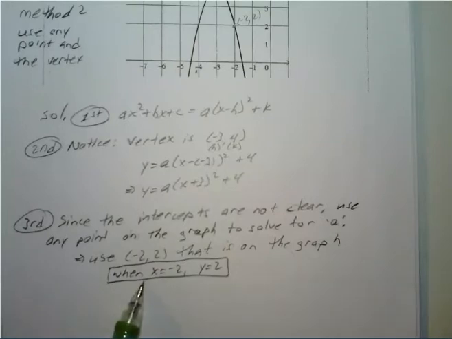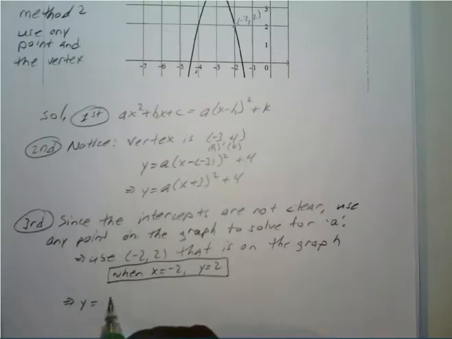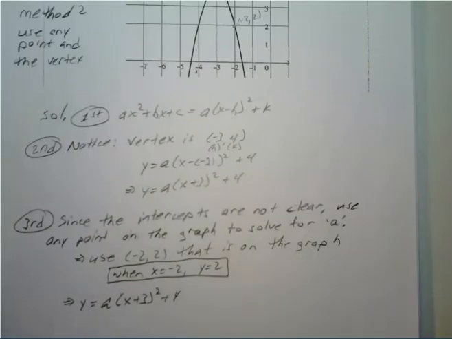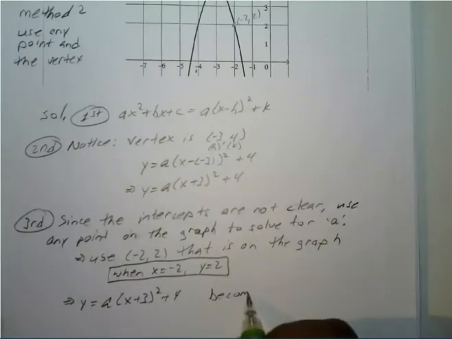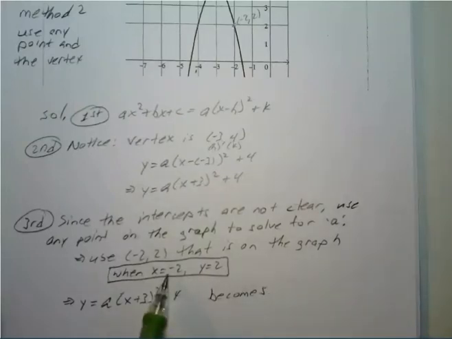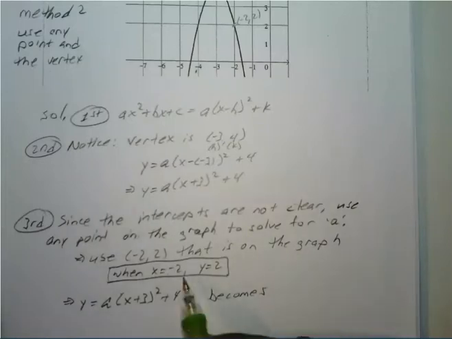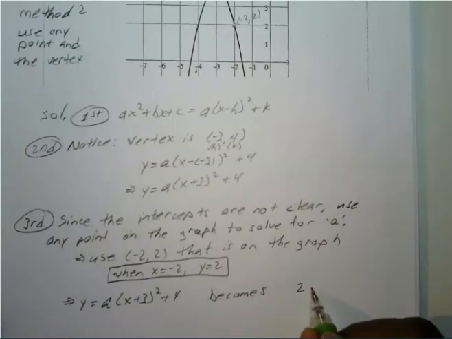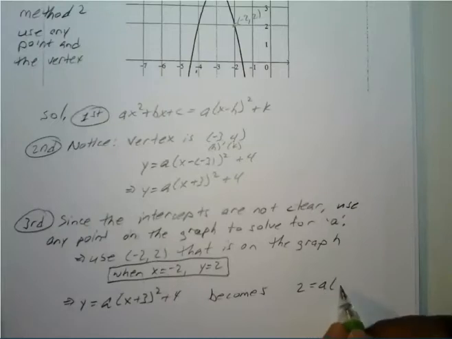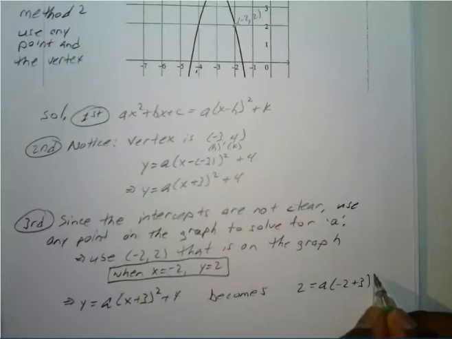So when we know that, what do we do? We plug it in. We have y equals a times x plus 3 squared plus 4. When x is equal to -2, y is equal to 2, so we replace our y and our x with 2 and -2. So we have 2 equals a times -2 plus 3 squared plus 4.